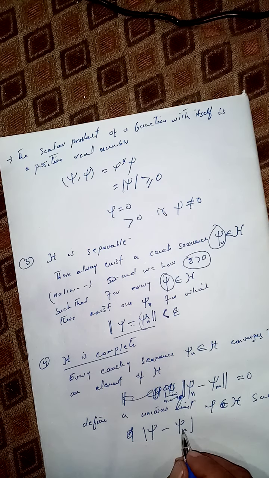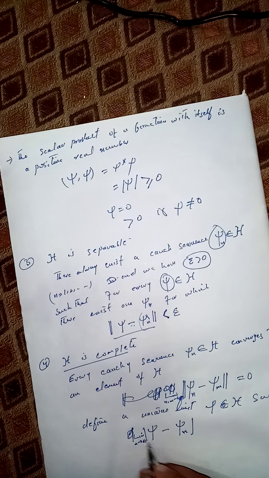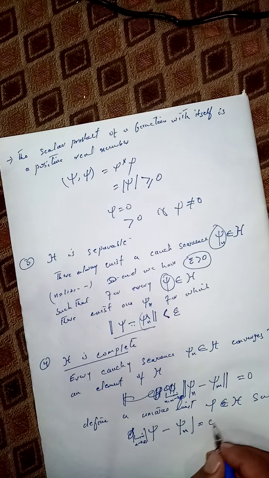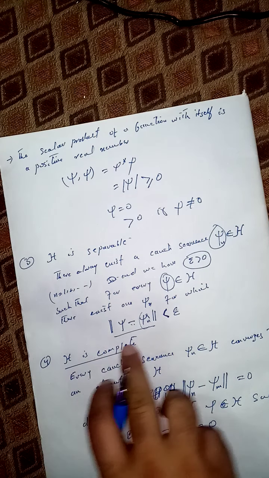So here we have only one n, so we apply the limit n approaches infinity. This difference will give us 0. So this means that H is complete.